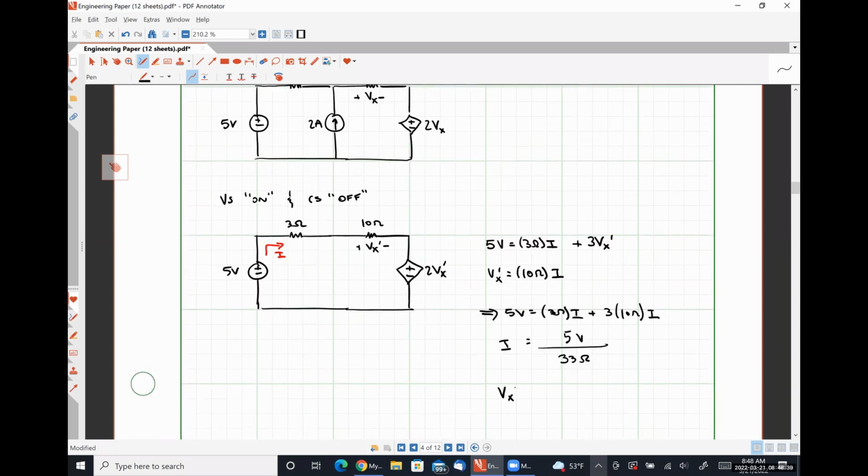And from this Vx prime, which is 10 ohms times I, would be 50 over 33 volts.